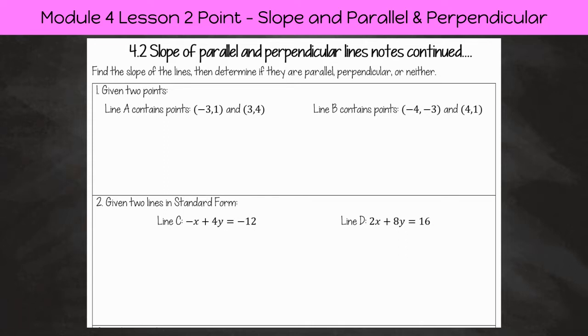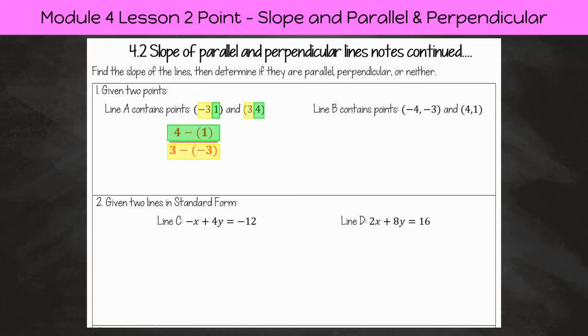parallel, perpendicular, or neither. So in Module 4.1, so Lesson 1, we had to find the slope and write an equation of a line when we were given 2 points. So we're going to continue to use that skill. And here we were given the points -3, 1 and 3, 4.